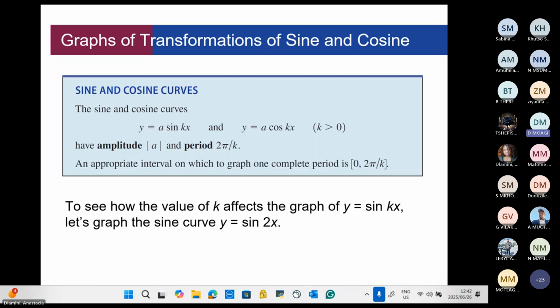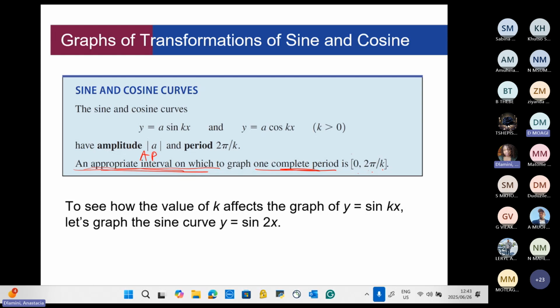Do you hear the restriction, good people? Yes, we call it an appropriate interval, AP. The appropriate interval for one complete period will always start from 0 to 2 pi over k. That's your restriction.